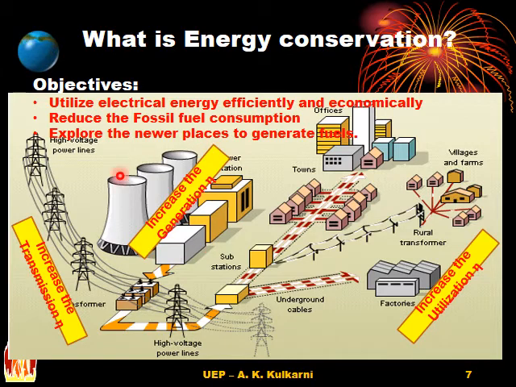So by choosing a correct input, we can increase the efficiency of generation. If we increase the efficiency of the generation, we can increase the efficiency of the transmission system. So ultimately we can increase what? The efficiency of the utilization also.